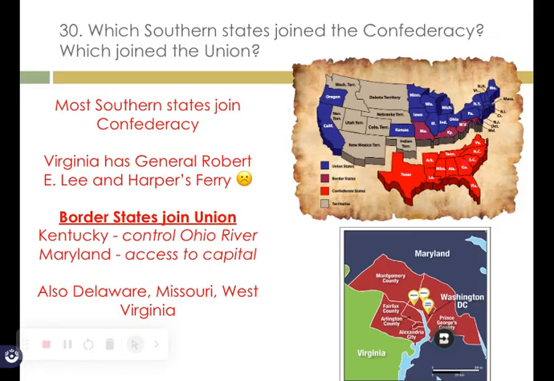Number one, one border state he absolutely wants to keep is Kentucky. Okay, so Kentucky is actually a state that has the Ohio River as its northern border. And so essentially if Kentucky stays in the North, that means that the Ohio River, which is the northern border of Kentucky, would also stay in the Union.